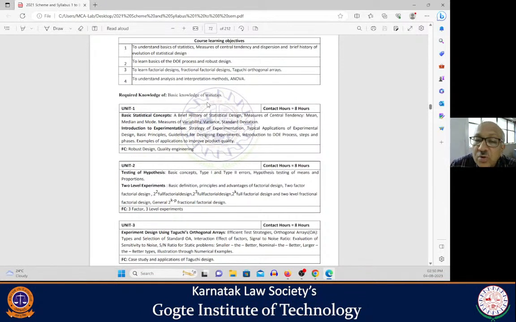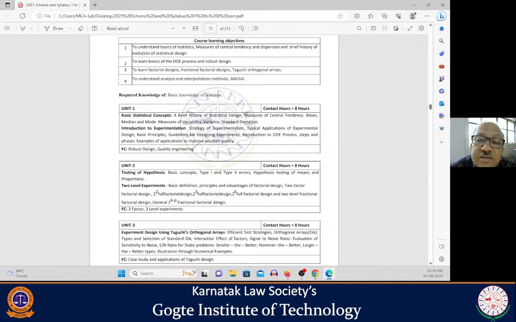So about the syllabus, if you look at it, unit 1 begins with the basic statistical concepts. A brief history of statistical design is an interesting beginning part, which reveals how developments have taken place, leading to application of statistics in improving product and process quality.